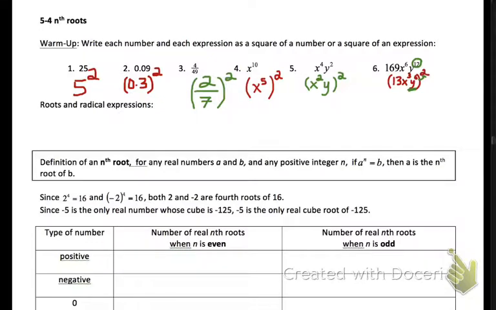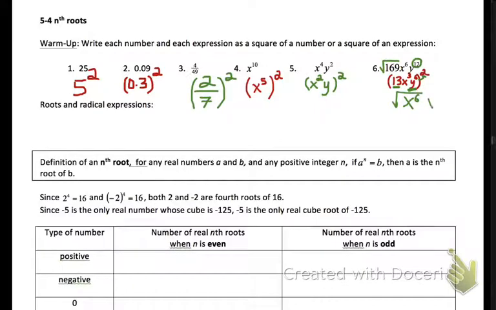Because if you think about it, if you take the square root of 169, you would get 13. If you took the square root of x to the 6th, you would get x to the 3rd.